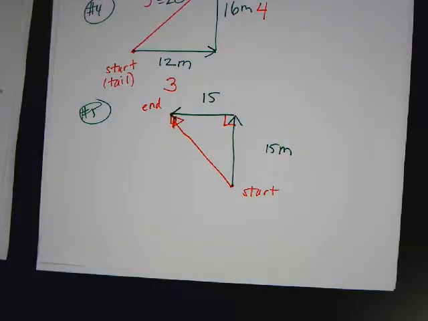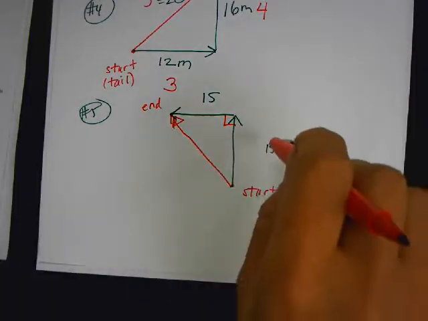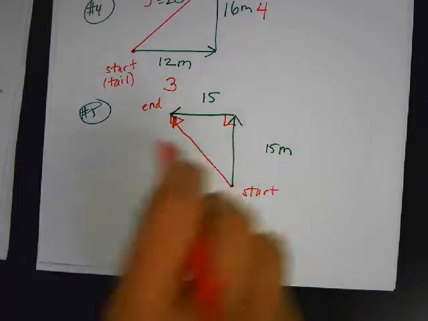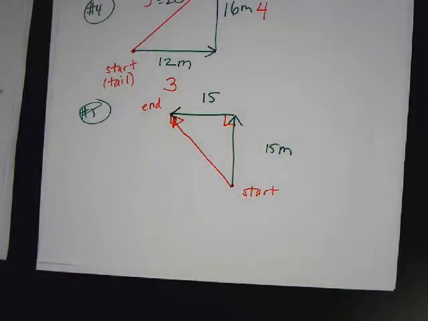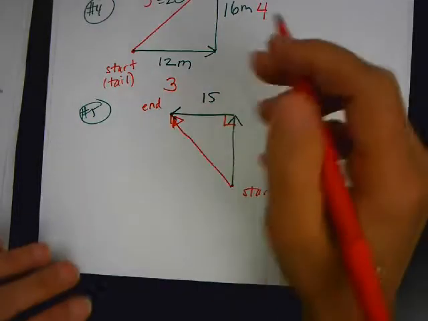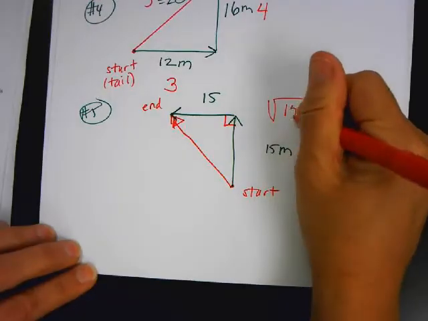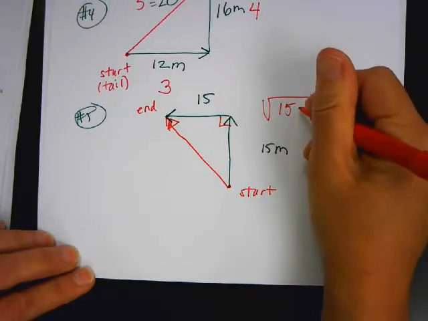Now, some of you did this over and over again, and I didn't even know what to think. All the problems that were a right triangle, and that was all we did in our homework, A and B. You guys said 15 plus 15 is 30. Is that how I find the hypotenuse of a right triangle? No, I have to use the Pythagorean theorem. So I'm not really sure. Maybe you guys were tired.